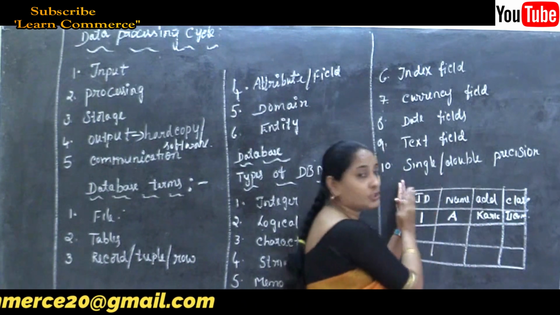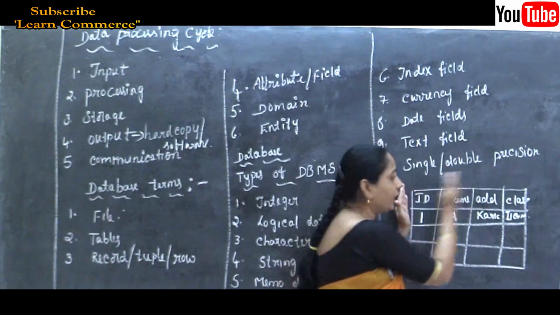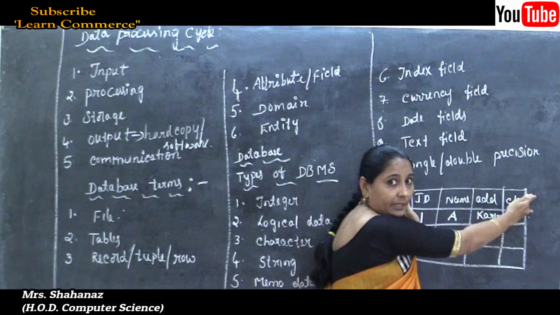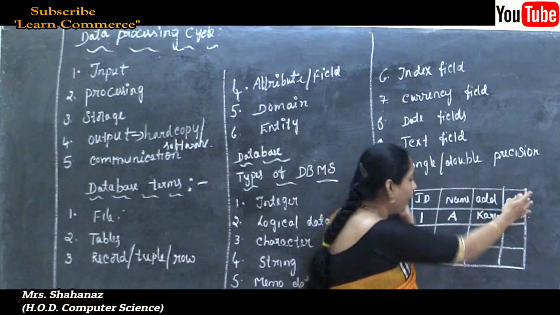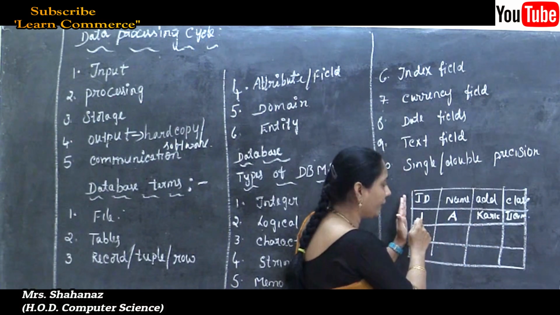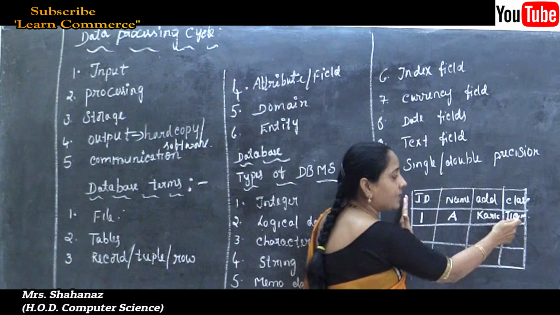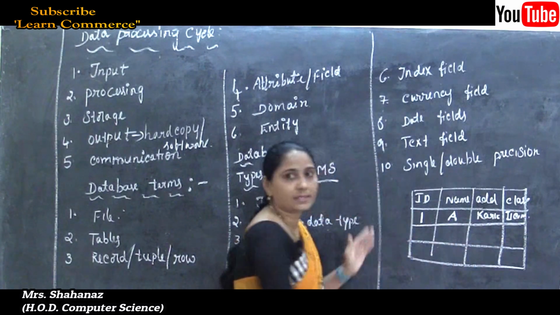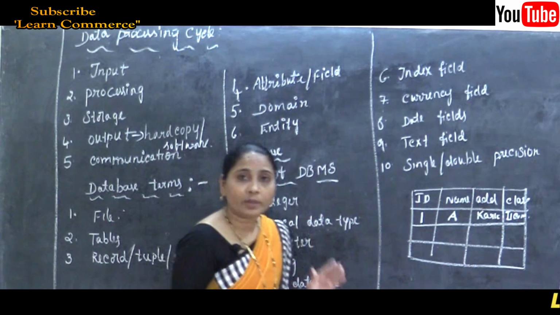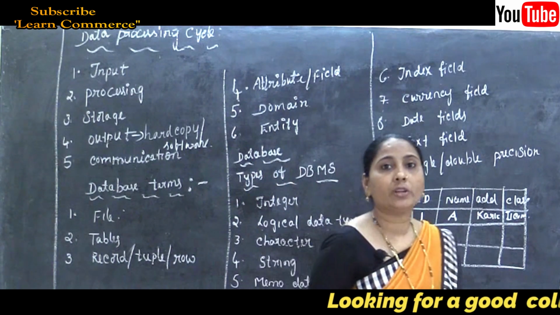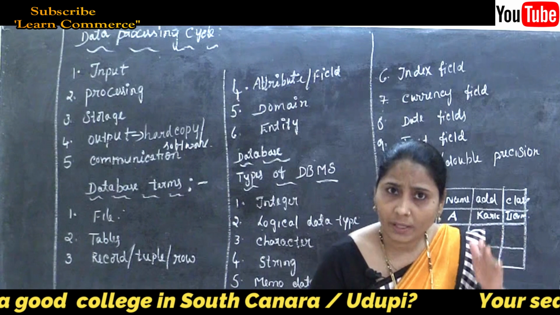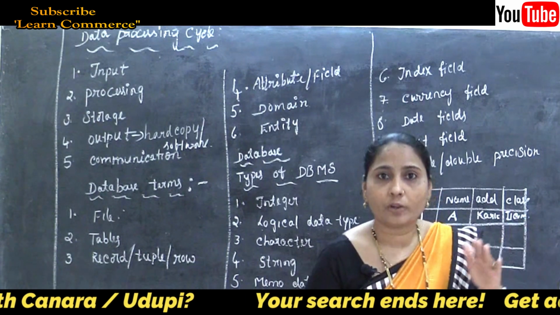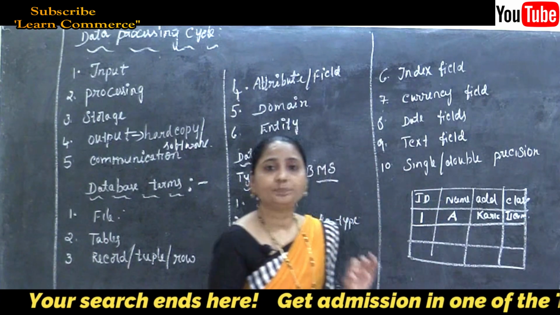Whatever goes from left to right, that is in the horizontal manner, is called the rows. So this one, maybe 1, A, Karkala, second commerce, is called a row. So whatever collection of data elements is organized in terms of rows and columns is called the table.